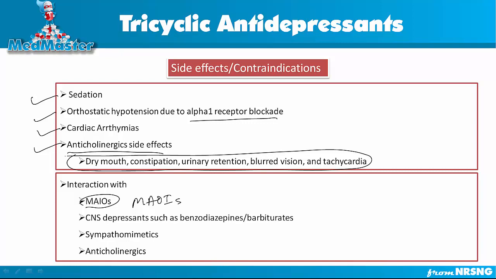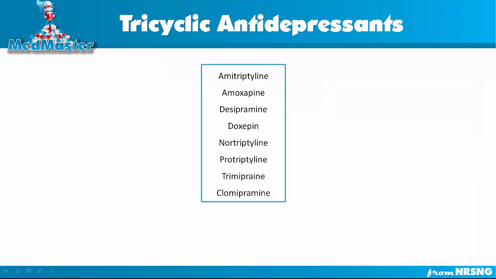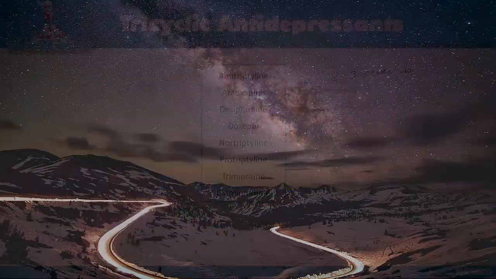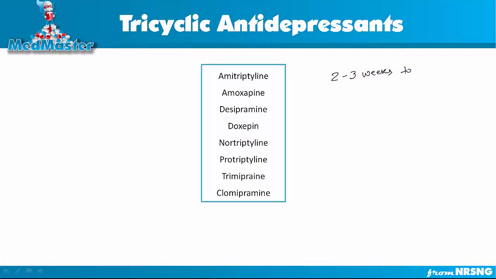Now the important thing to remember for any kind of antidepressant: whenever you give a patient antidepressant medication, it will take about 2 to 3 weeks to produce its effects.